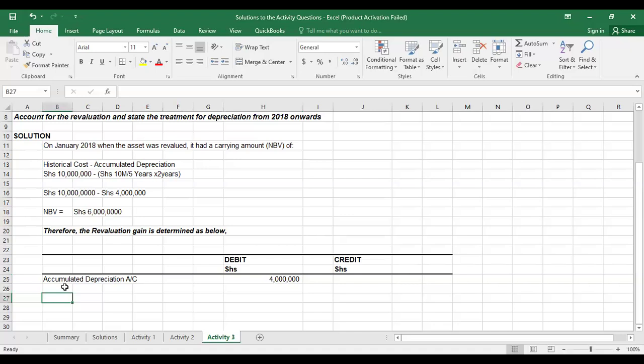Then the assets account, which is in our statement of financial position. This one is in profit or loss. We have to show where we are taking it.